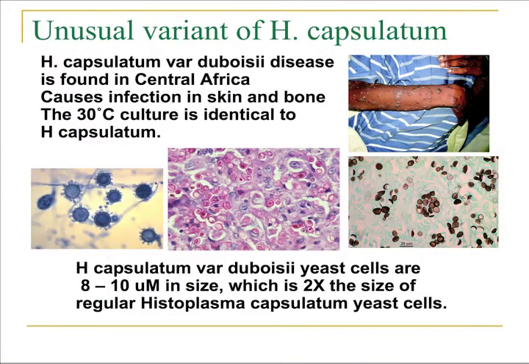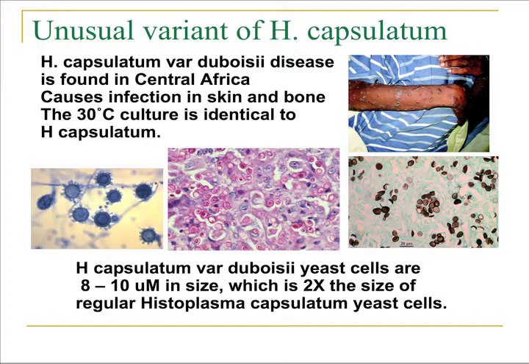On the next slide is presented the unusual variant of Histoplasma capsulatum known as variety duboisii. Duboisii disease is primarily found in Central Africa. Unlike Histoplasma, which is primarily found in the reticuloendothelial system, the duboisii variant is primarily an infection of the skin and bone.